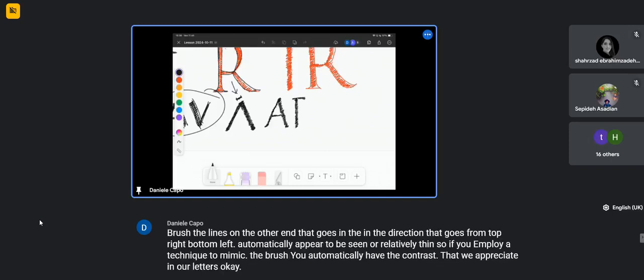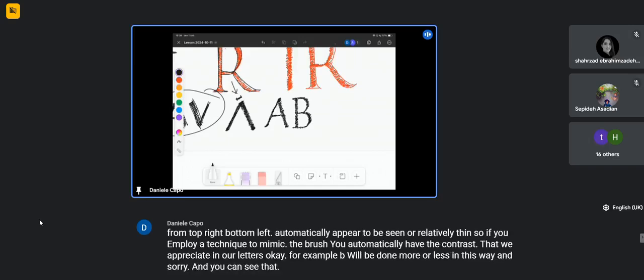Okay? For example, B will be done more or less in this way. And you can see that the full thickness in the top part of B is reached here, in this direction.